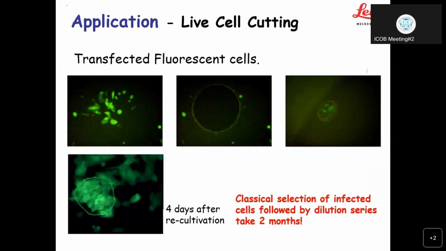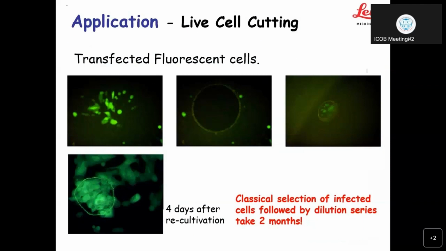The LMD system is also suitable for live cell cutting. This is an example where they cut out the transfected fluorescent cells and collected them in a Petri dish for recultivation.